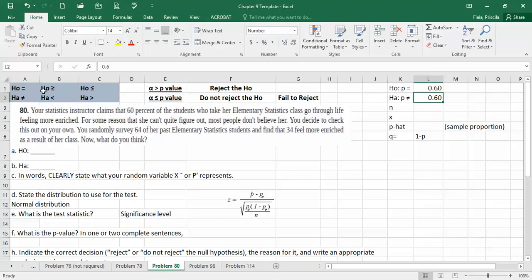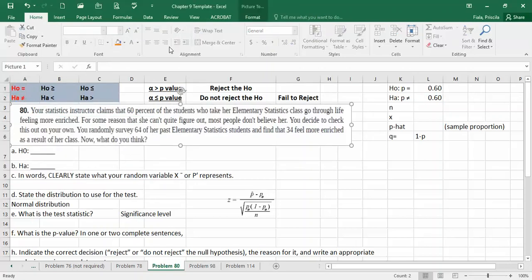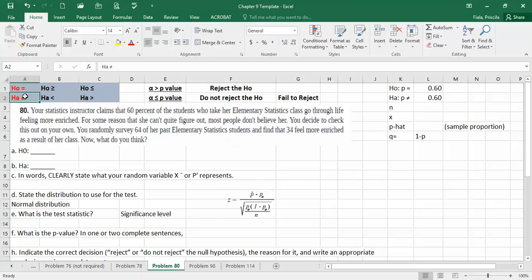I took it from right here. So if your null is equal, then your alternative is going to be different. And then remember the little hint that I gave you, that I hope was helpful. On your alternative hypothesis, you have the little two bars. So we're going to say that's a two-tailed test.